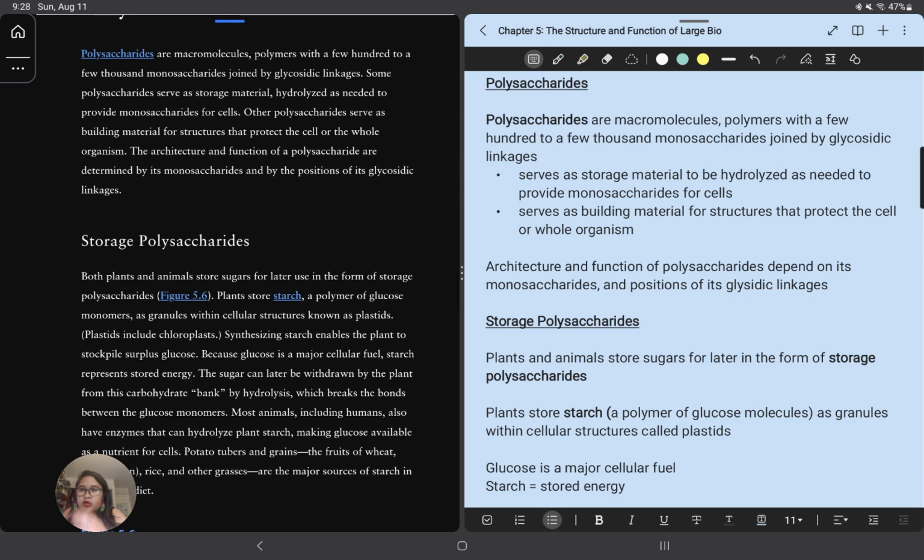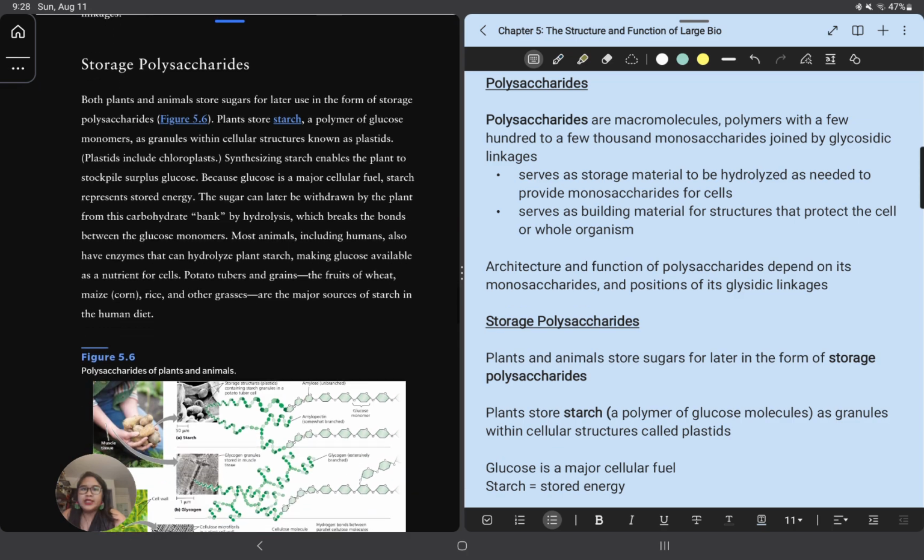And some polysaccharides serve as storage material, hydrolyzed as needed to provide monosaccharides for cells, and other polysaccharides serve as building material for structures that protect the cell or the whole organism. The architecture and function of a polysaccharide are determined by its monosaccharides and by the position of its glycosidic linkages.